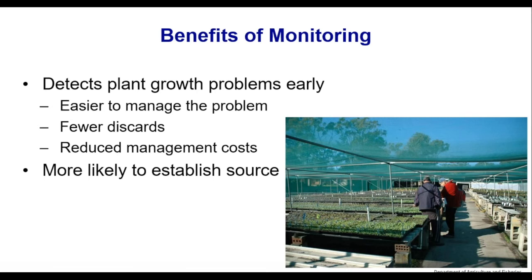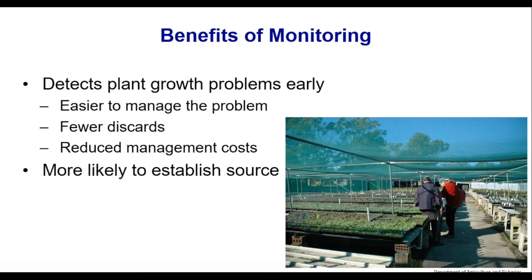the benefits of monitoring. Monitoring detects plant growth problems early. And some of you that have been to our workshops in the past will have heard us go on about monitoring and recording your data many times. But we're going to do it again because it makes sense within a climate change situation.